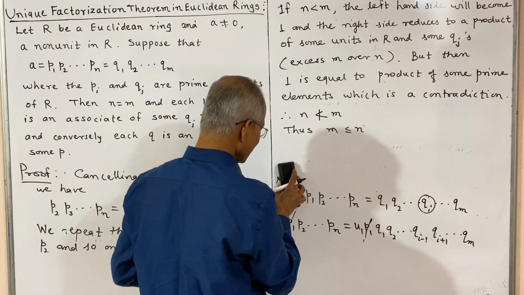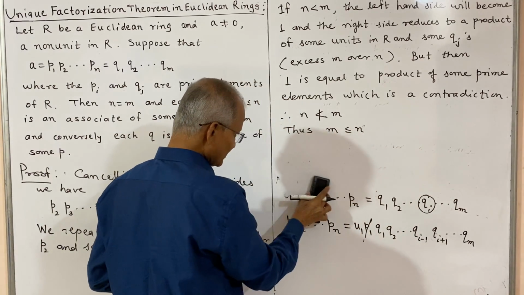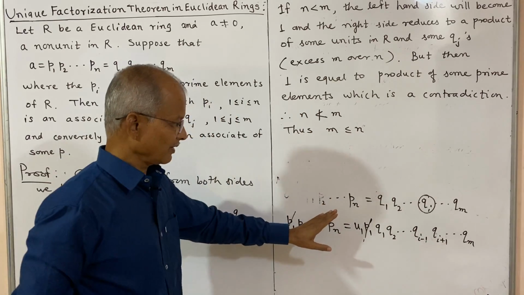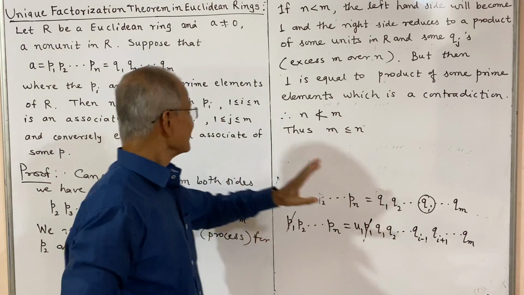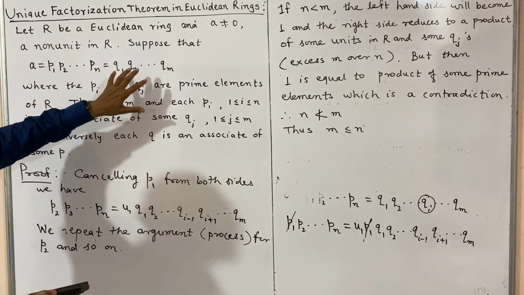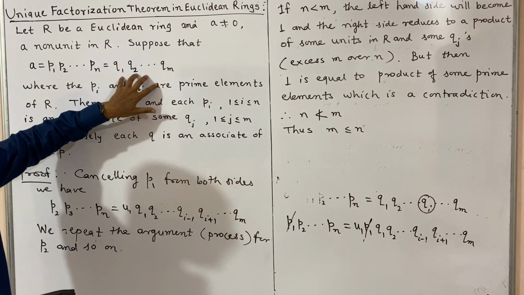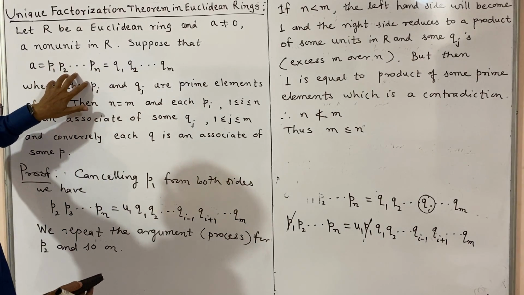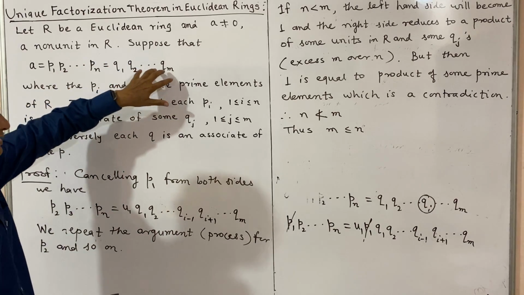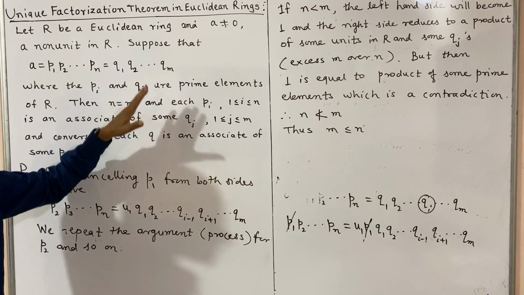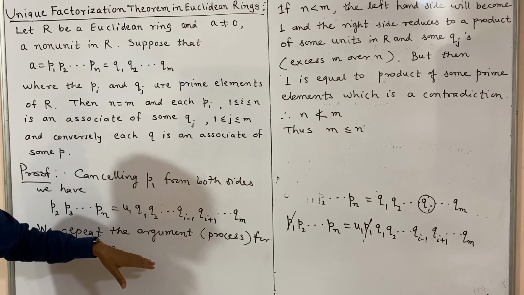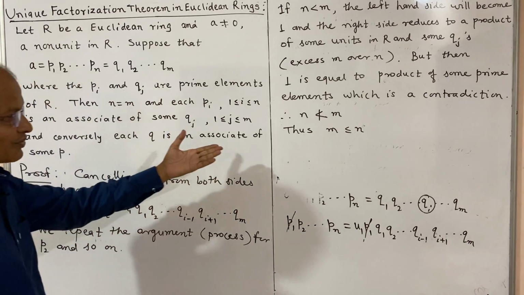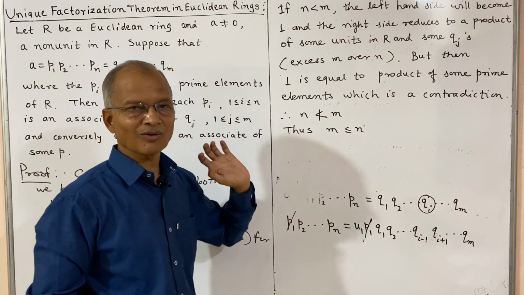Now what we can say is, repeat with the roles of P and Q interchanged. If we now suppose Q1, Q2, up to Qm on the left side expression and P1, P2, up to Pn on the right side expression, and we repeat the same process, then in that case we will have n is less than or equal to m.